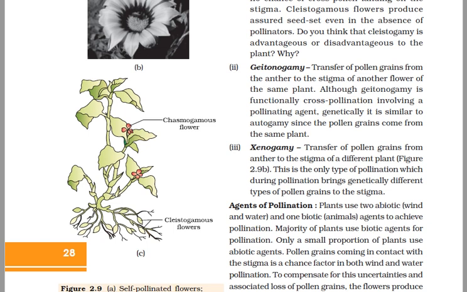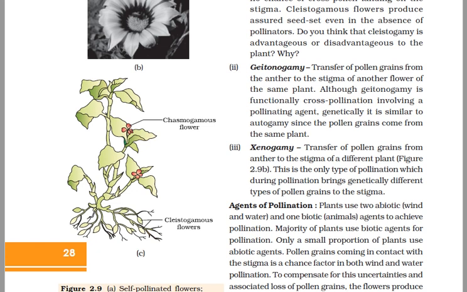Now, what are the merits of self-pollination, that is autogamy? Autogamy gives greater chances of pollination, and it preserves the desired and parental characters of the plant.